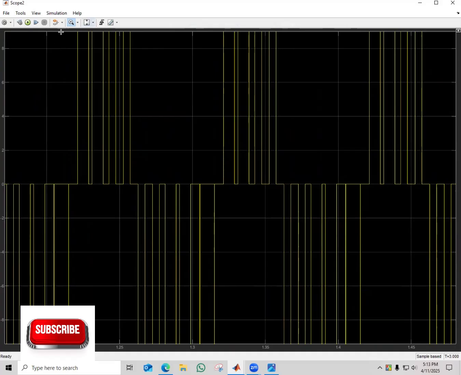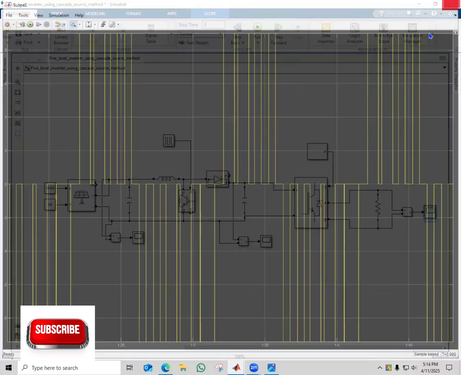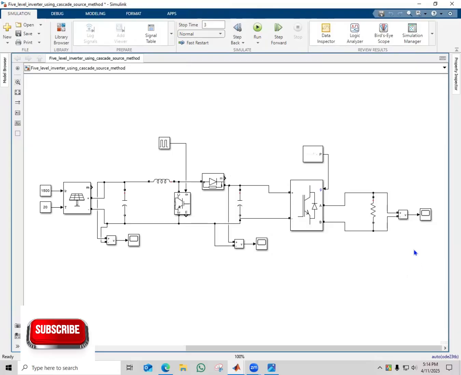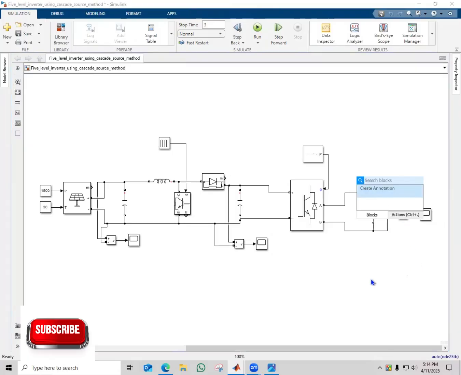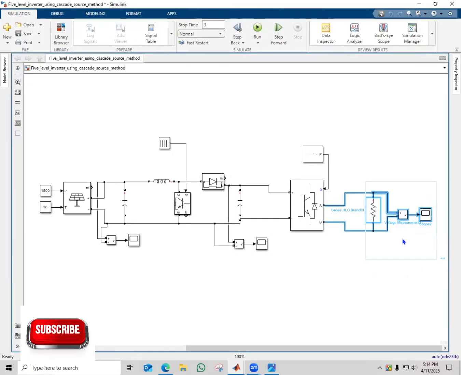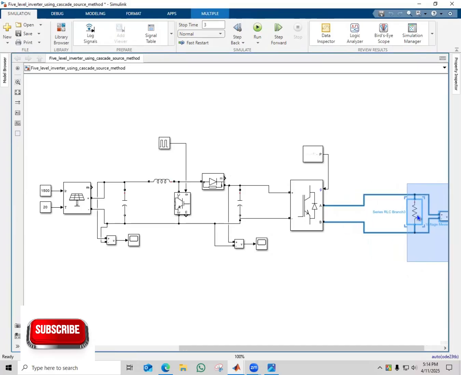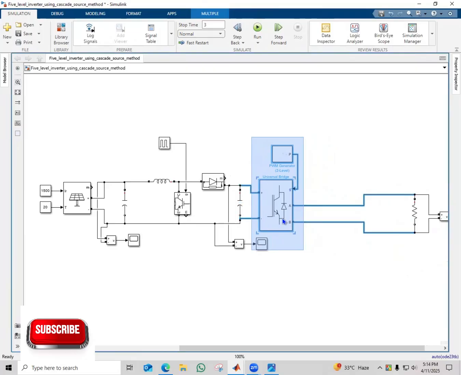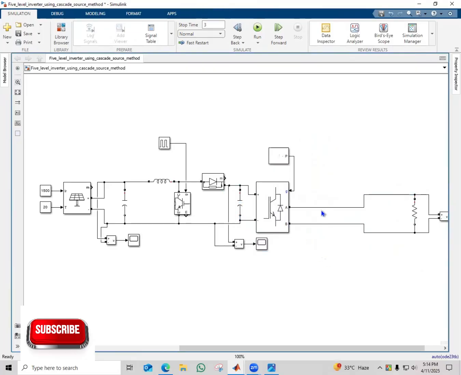So basically this has been completed. Now we need to convert it to a sinusoidal voltage level. To create this sinusoidal voltage level, we just need an LC filter here. To apply the LC filter, I am copying this resistor here two times.